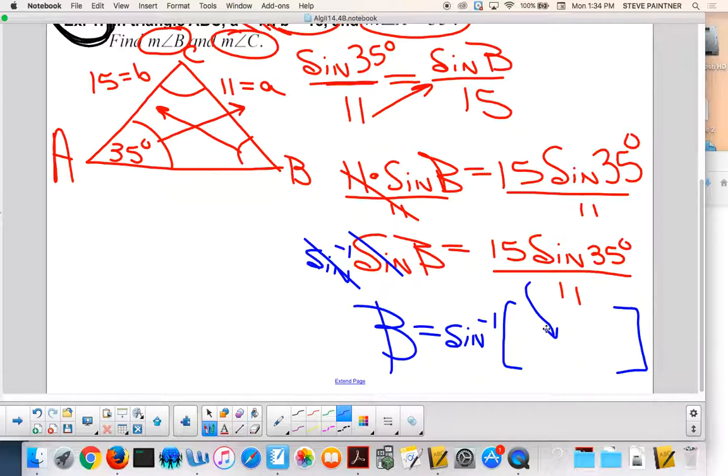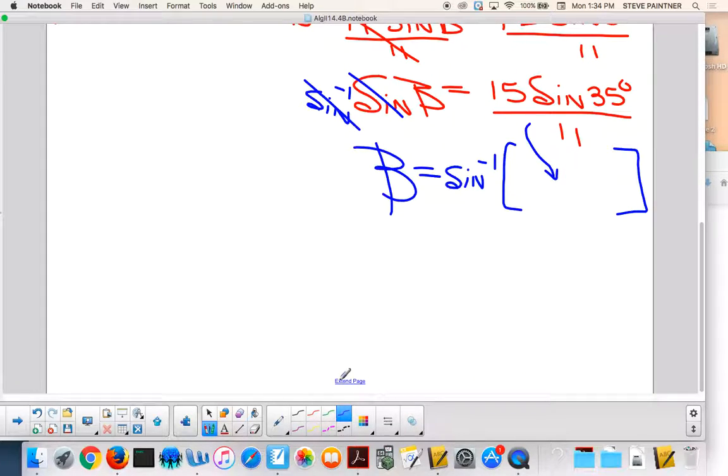You gotta have a calculator. 4 of you don't even have calculators in front of you. You're expecting everybody to do your work. Guys, when you type this in, inverse sine, you wrap this 35 up in parentheses. You have to, because some of you aren't doing that, and that's why you're getting these wrong.